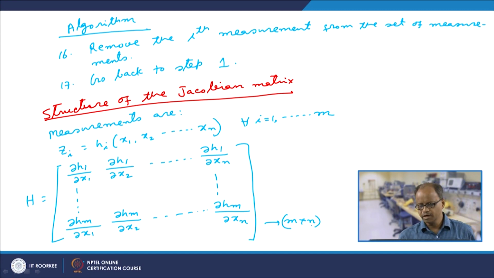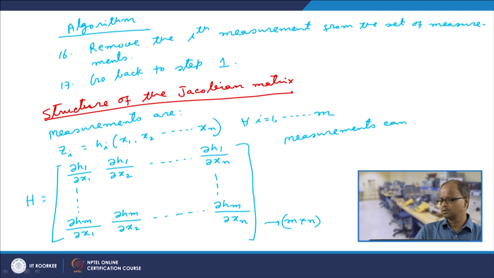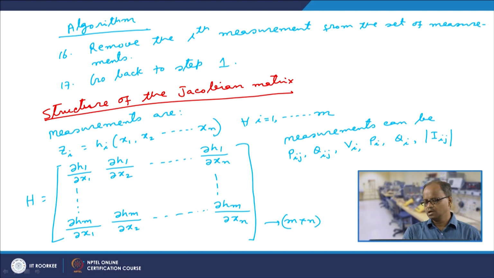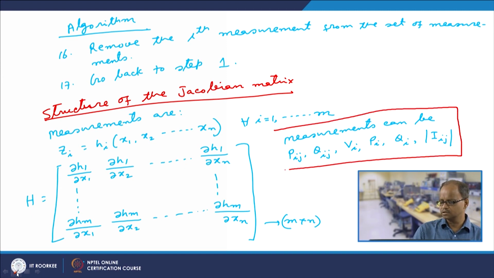Now as we said, our measurements can be, let us say, Pij, Qij, Vi, Pi, Qi, mod Iij. Anything can be this measurement. So our overall measurement set is like this.